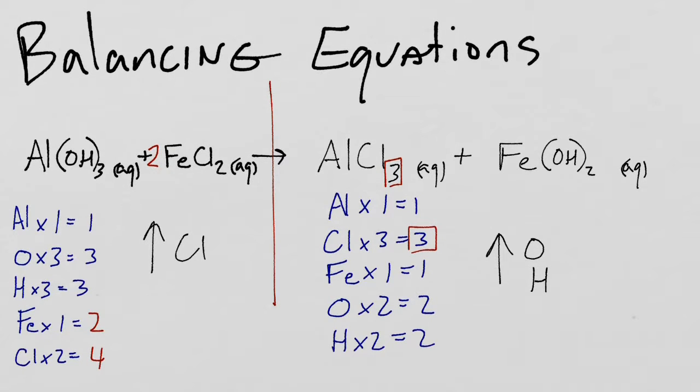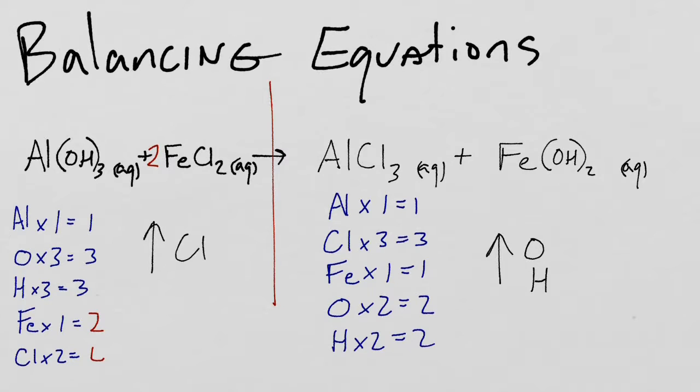Every time we add another aluminum chloride, we get 3 of these chlorine atoms. So that's still 1 too few, right? Now we've got 4 over here and 3 over here, so that's not going to work. So we need a number that's actually going to give us the same.